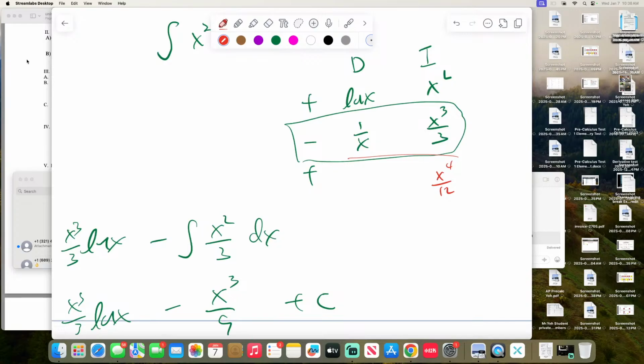It cannot be trig first. It has to be logarithm first, inverse second, algebra third, trig fourth, and exponential fifth. That's like an order of operations. Which one has priority? Which one you substitute first?